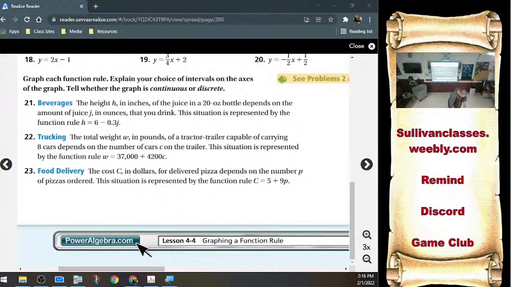Right, arithmetic sequences was the last one. Because they're all out of order now. Because they were just piled up on you. There you go.